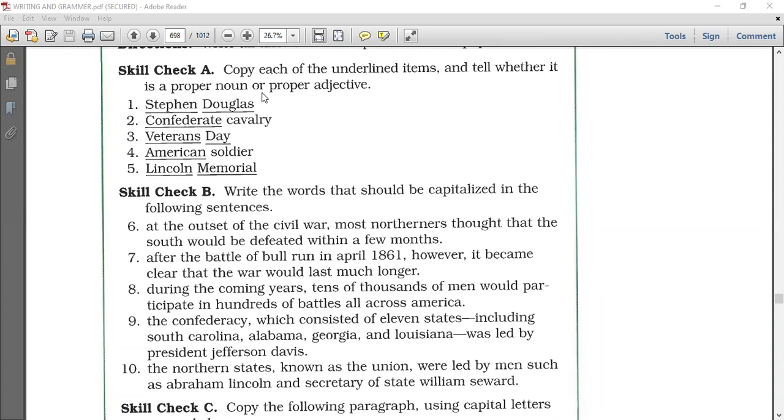Or a proper adjective, it's an adjective. Most of the time, proper adjectives are nationalities or adjectives that refer to places most of the time. So the question is, tell whether it is a proper noun or proper adjective. So copy each of the underlined items and tell whether it is a PN or PA, proper adjective or proper noun. So Abdurrahman will do number 1.